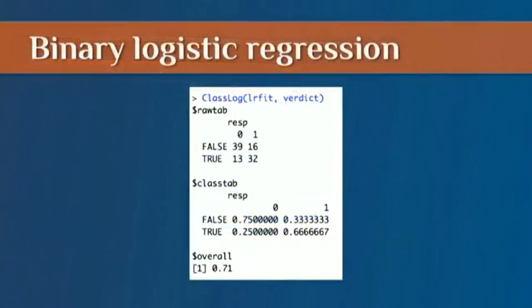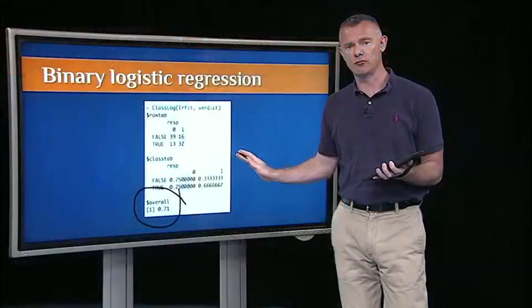Finally, we can test again the fit of the overall model by saying, well, how well do I classify all of the cases? What percentage of cases would this model classify correctly? And it shows you the overall frequencies here and percentages, and here's the overall percentage. The model's getting 71% of the cases right.